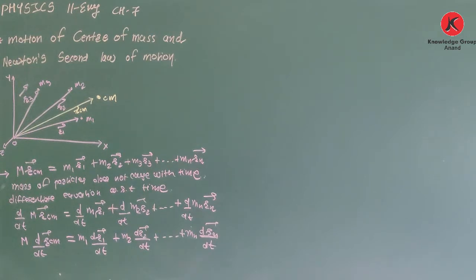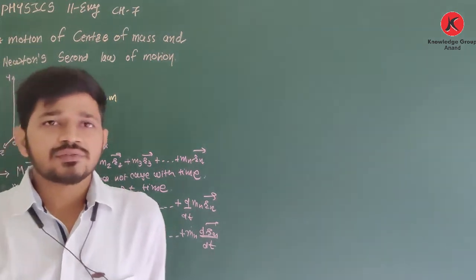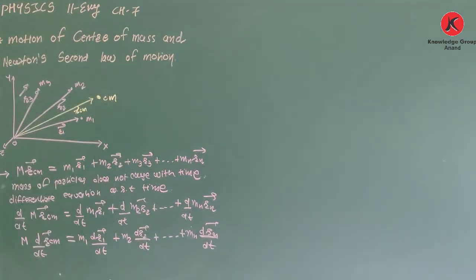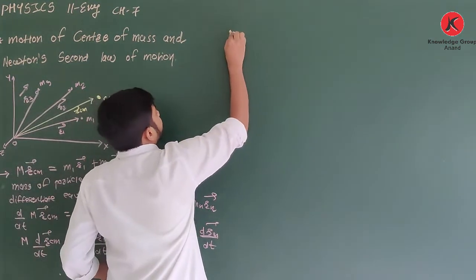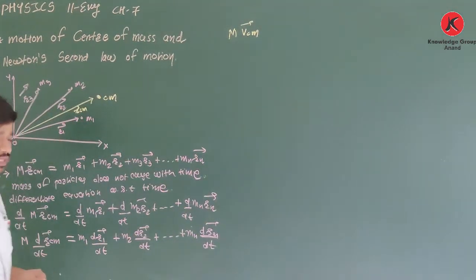Now we know that differentiation of position vector with respect to time gives velocity. So I can write this as M v center of mass. Why v center of mass?